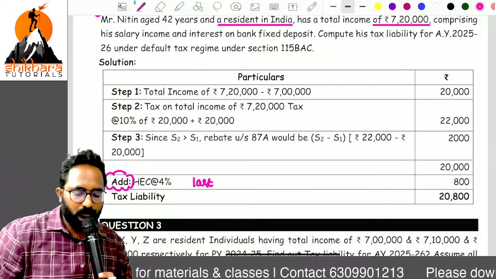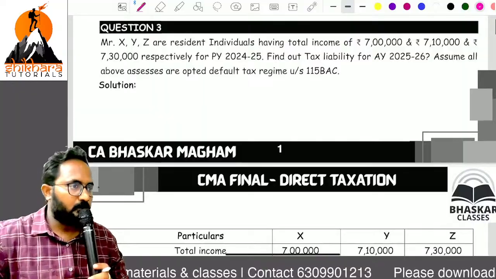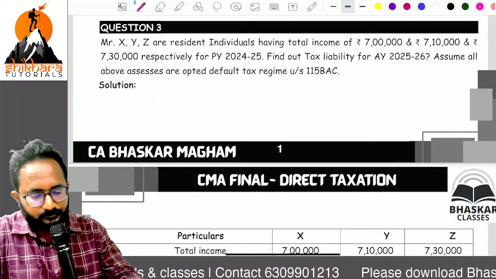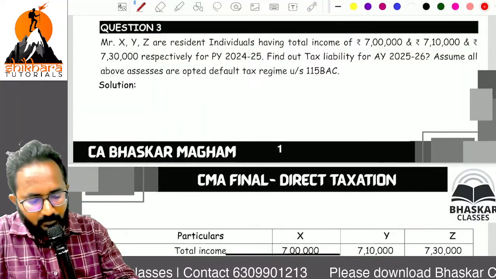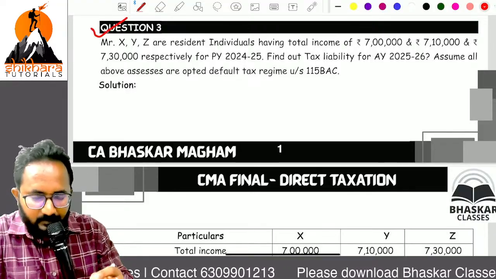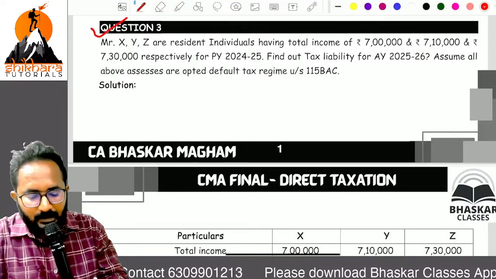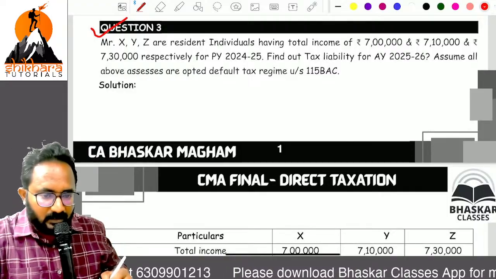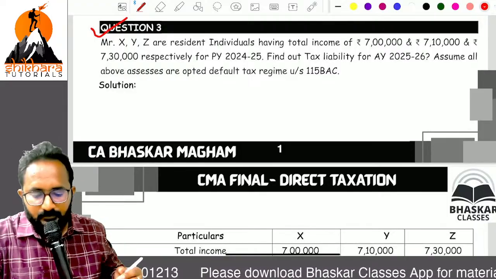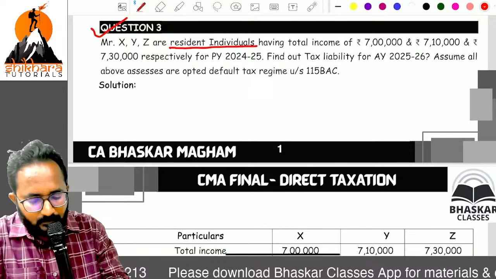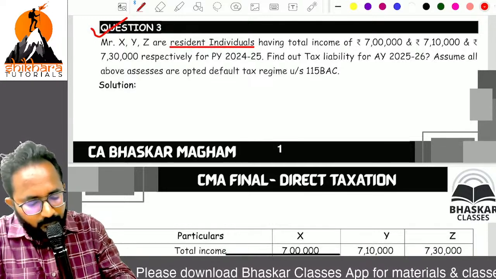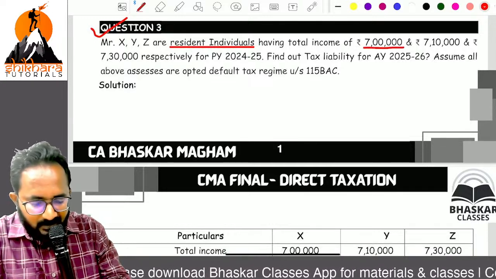Okay, third question, ma. So please look at the third question. Important, I am covering that entire rebate concept in this question. X, Y, Z are 3 resident individuals. And they have total income: X has 7 lakh.